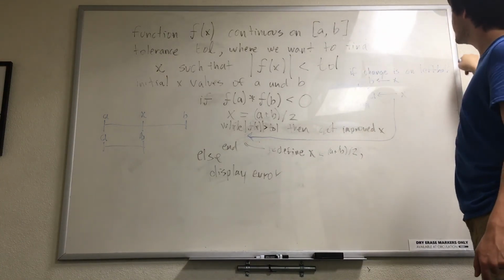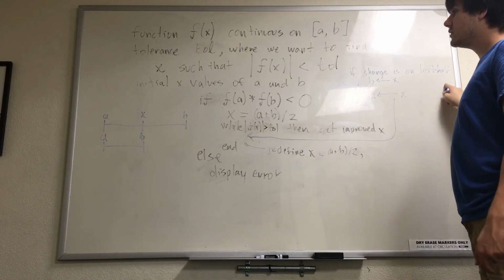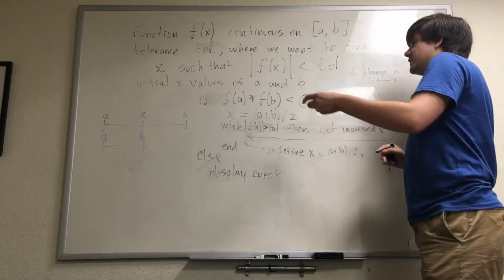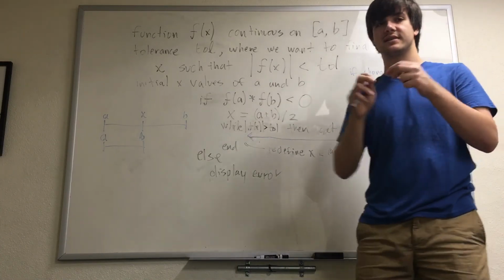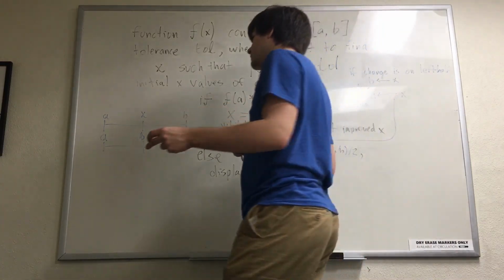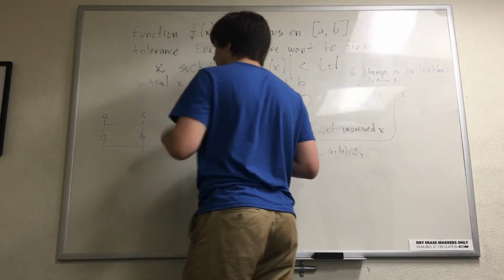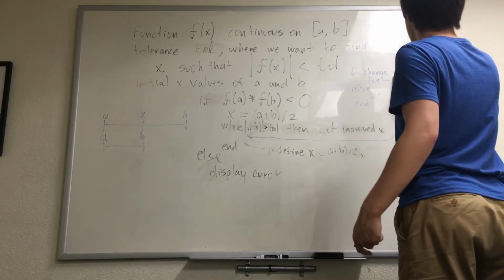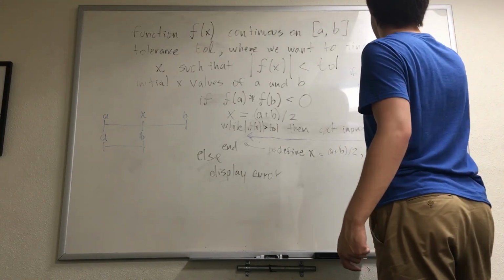Now how would you test if change is in the left half? Well, you'd keep on using something like this. But instead of these two interval boundaries, which are asking is there change on the whole interval, seeing if there's change in the left half of the interval would basically be using f of a and f of x, right? So by change I mean sign change too.